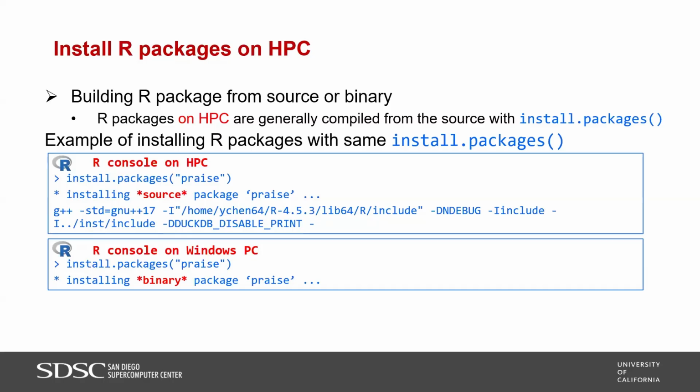In the R console on HPC, once you run install.packages, you will notice from the output it says it's installing a source package, and then you will find a few compiler command line outputs saying R is trying to compile the packages.